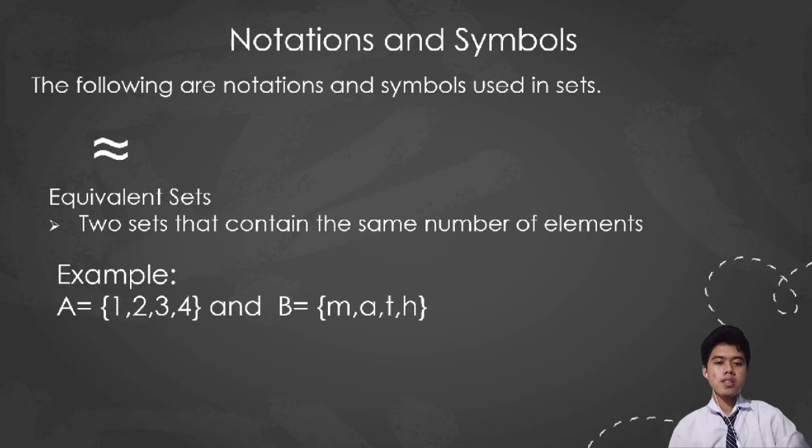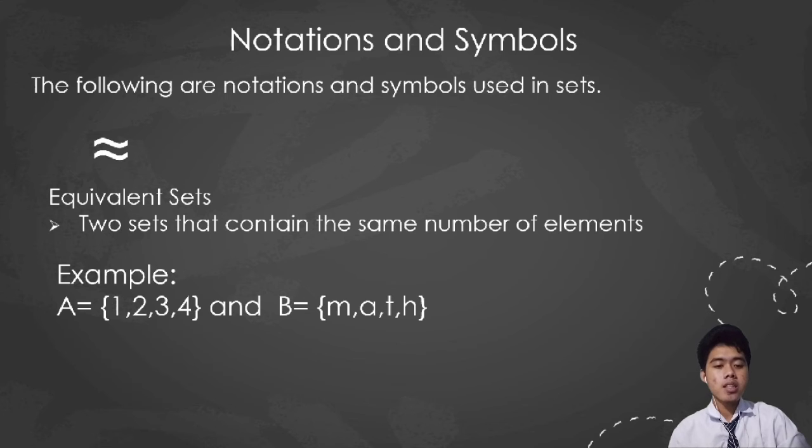So, next one is equivalent sets. And yung symbol niya is parang equal, however, pa-curve siya. So, when we say equivalent sets, it is two sets that contain the same number of elements. Remember, same number of elements. So, example natin is set A is equal to {1, 2, 3, 4}.